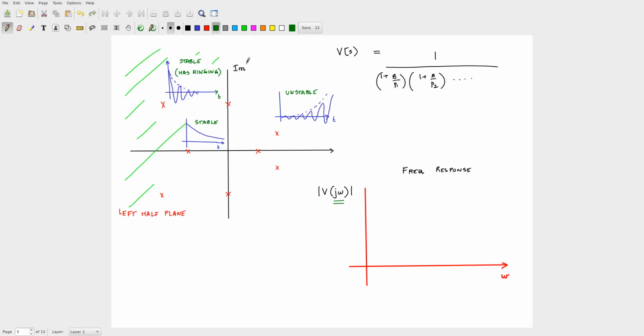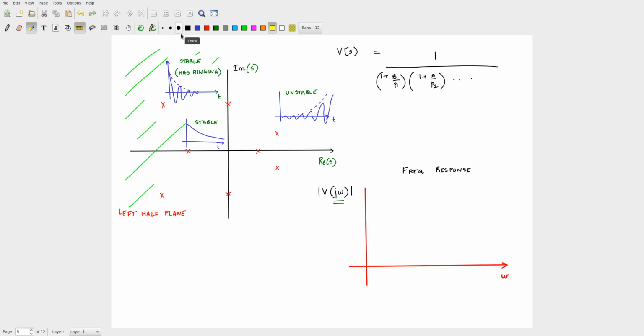The pole zero plot, this is what? Imaginary part of? So this is imaginary part of S and this is real part of S. Okay. So how do you connect these two? Radius of a circle, that's correct.